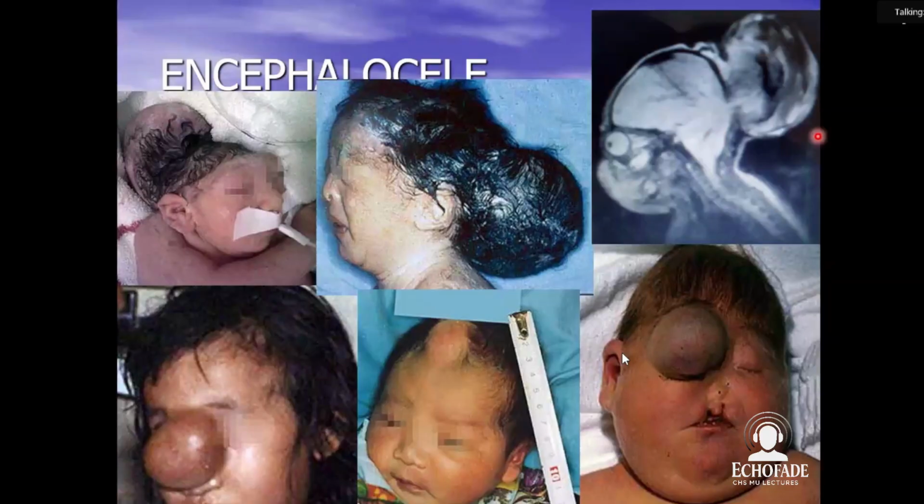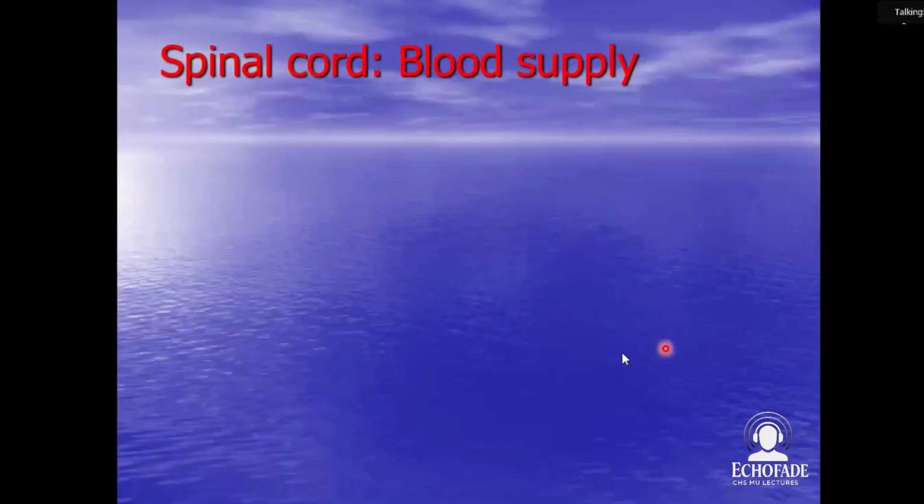This one is orbital, you can see it affecting the orbital region. Those are the congenital malformations that we have. But if you remember in the spinal cord, we have spina bifida occulta, spina bifida cystica, and also tethered cord.